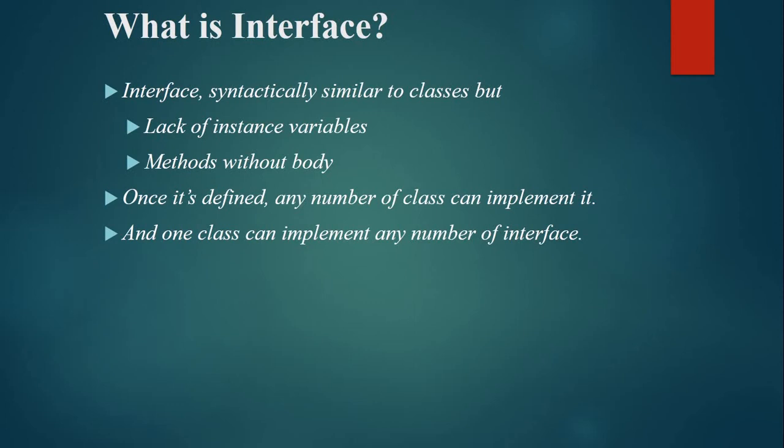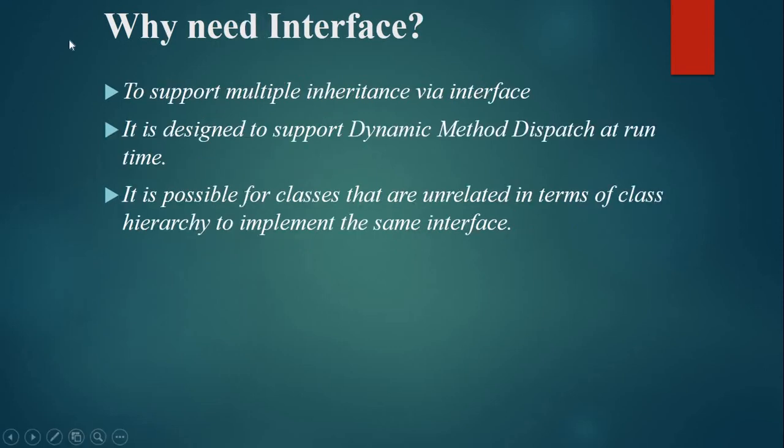Interface is syntactically similar to classes, but lacks instance variables, which means our interface cannot have simple variables. It will have only final variables. Only the declaration of the method will be in the interface, no body part. Once it is defined, any number of classes can implement it. One class can implement any number of interfaces.